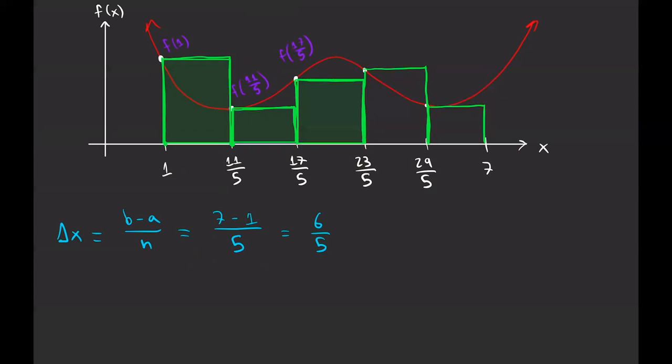First things first, we know that the width of each of these is 6/5. That's our delta x, right? And we know the heights of each of these. The heights are whatever f of 1 is, whatever f of 11/5 is, whatever f of 17/5 is, whatever f of 23/5 is, whatever f of 29/5 is. And so that's that right there.